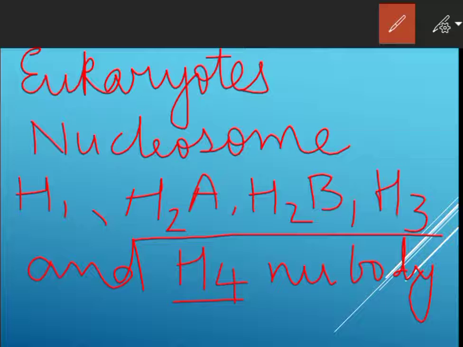DNA connecting two adjacent nucleosomes is called linker DNA, and it bears H1. I hope this much is clear to everyone.